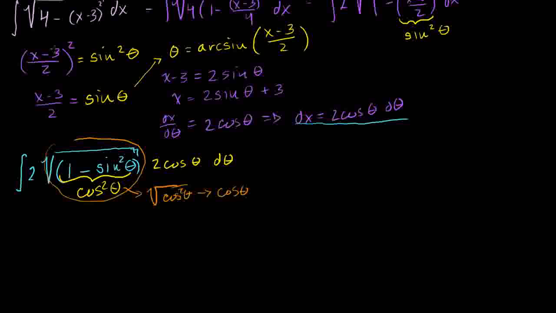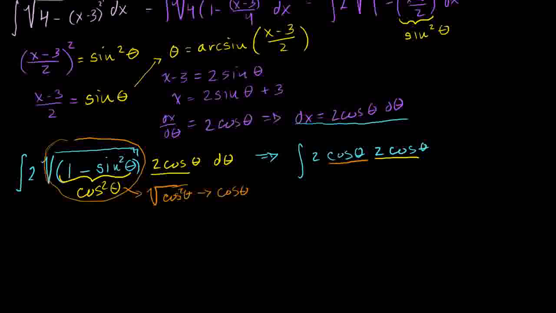So our integral is equal to 2 times the square root of cosine squared of theta, so that's just 2 times cosine of theta, times 2 cosine of theta d theta. This 1 minus sine squared was cosine squared. Take the radical, you get cosine.